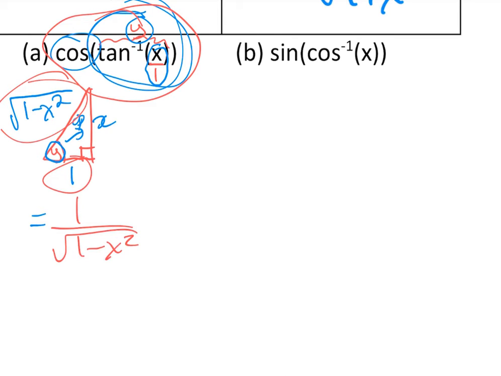Okay, so the process is the same over here. Let's do this one. Again, I know that cos inverse of x represents an angle, which we call y. That can be x over 1. So again, I draw a right angle triangle. Angle y goes here, right angle, and I know that the ratio of cos is x over 1.